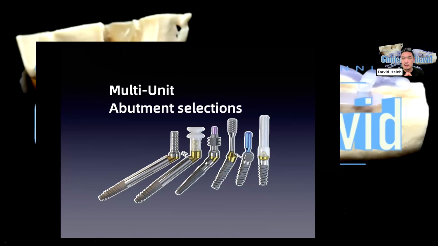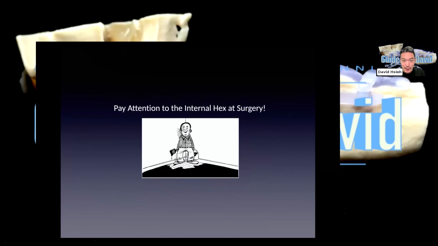And because certain areas of the bone have different angles, we have different angulations of MUAs to bring the prosthesis angulation back to a certain degree. And not only the angulation, we still have to pay attention to the internal hex, right?